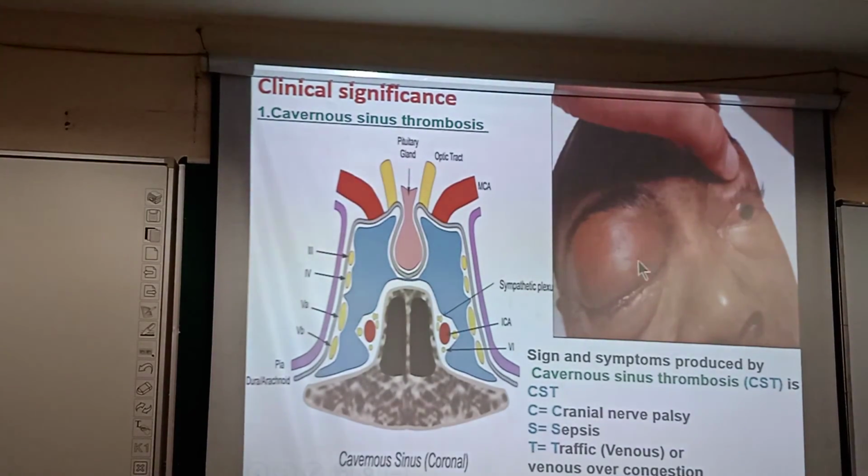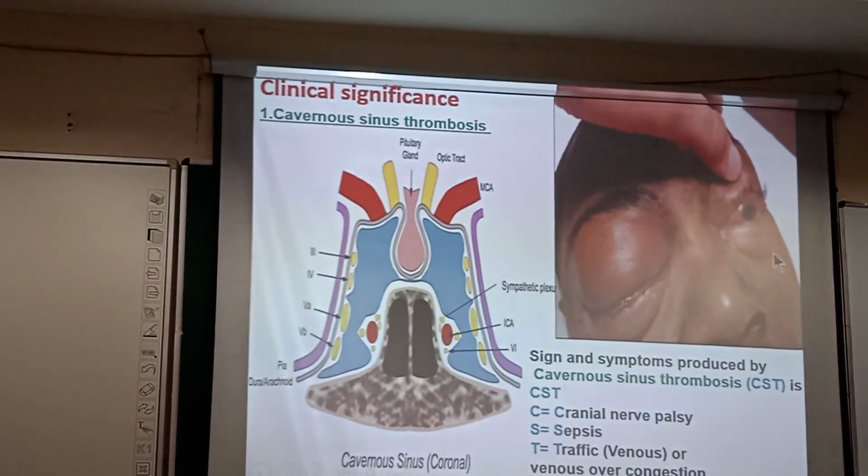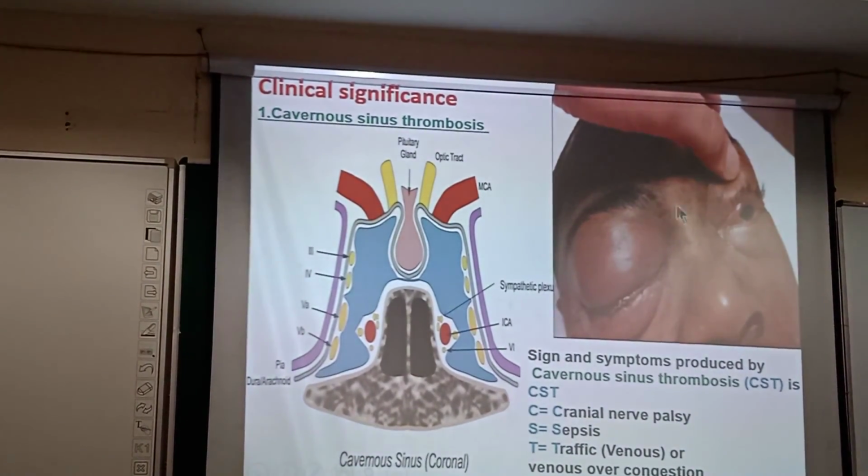You can see here, overcongestion. The venous blood and lymph come into the tissue around the eye and the cheek, and also the central vein of retina, that will lead to complete blindness when they get involved.